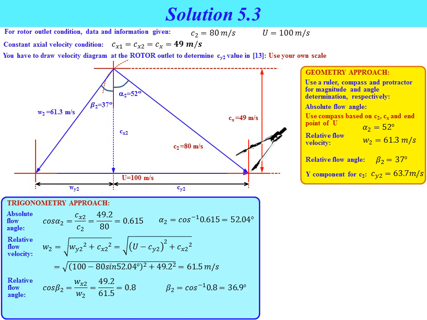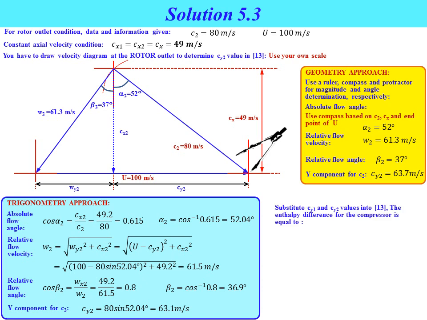So beta 2 equals 36.9 degrees. And we need to know the y component for C2. So Cy2 equals 80 sine alpha 2, 52.04 degrees, and the value for Cy2 equals 63.1 meters per second.